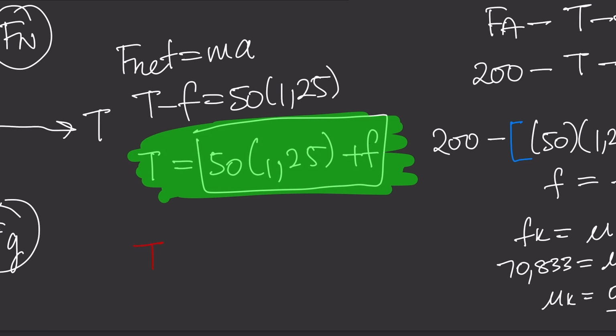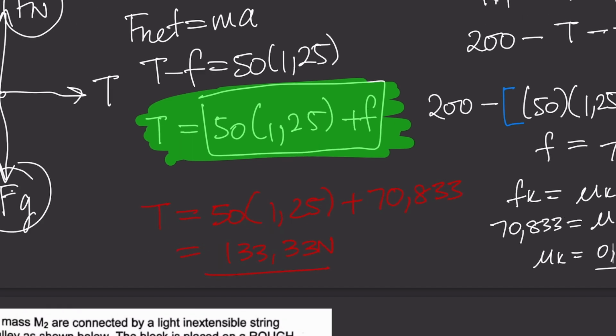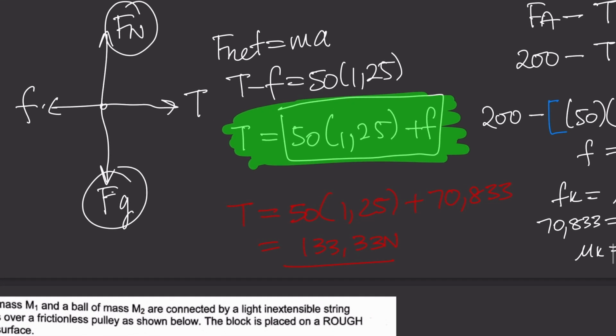So we can say that tension is equal to 50 times 1,25 plus 70,833. And the tension force is then equal to 133,33 newtons. Let's number this 3.2.4, and done.